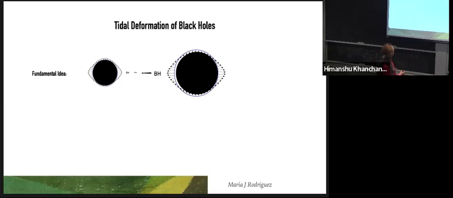This would be in a binary black hole context. These ideas of tidal deformations of objects by an external gravitational field have been around for many, many years, more or less 100 years.